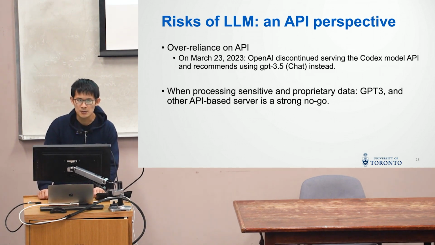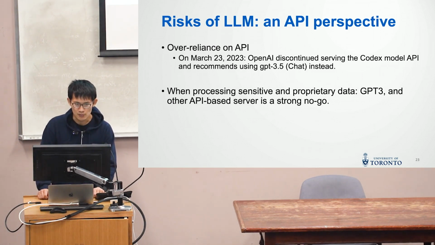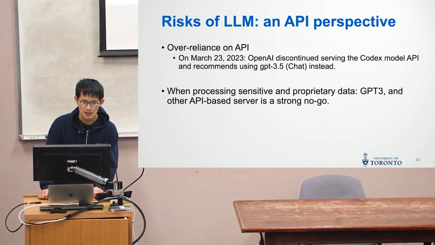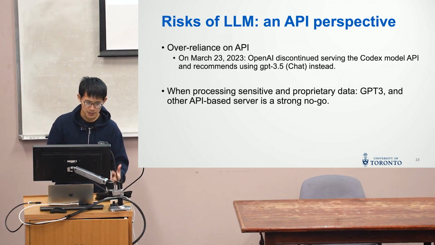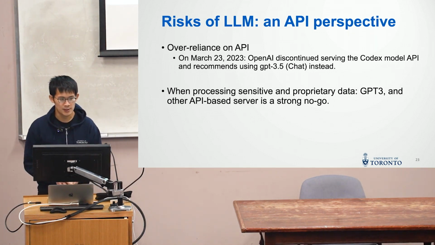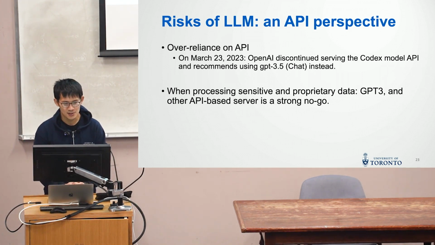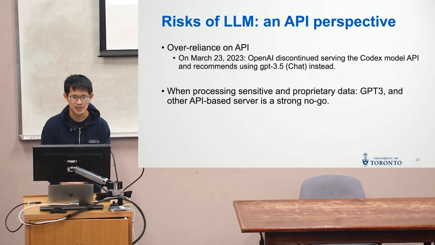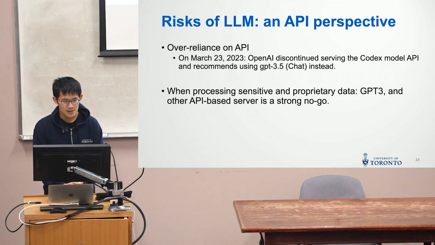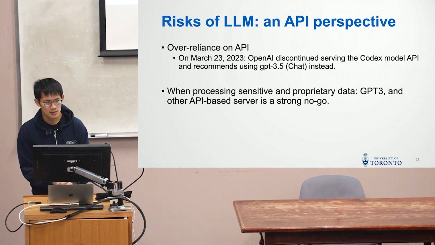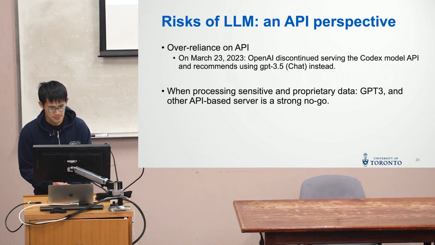So another risk for large language models is the over-reliance on the API. Imagine that you are using the API to do very important processing of your data, and all of a sudden, OpenAI announces that it's going to discontinue serving the Codex model API, and they recommend using GPT 3.5 instead.